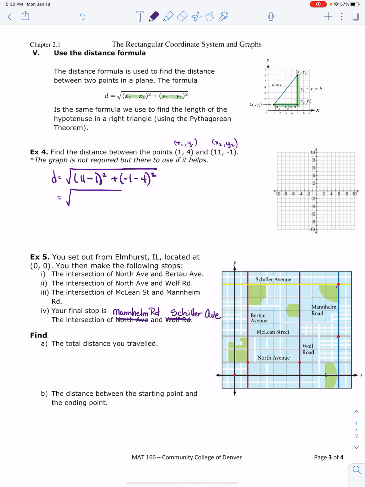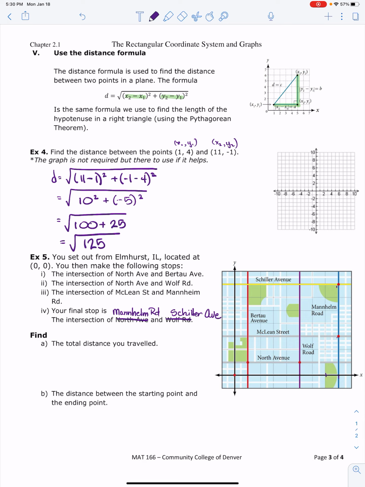I get the square root of 10 squared plus, this is a negative, so I'm going to leave it in parentheses just so I don't mess anything up, negative 5 squared. That's 100 plus 25. We get the square root of 125.